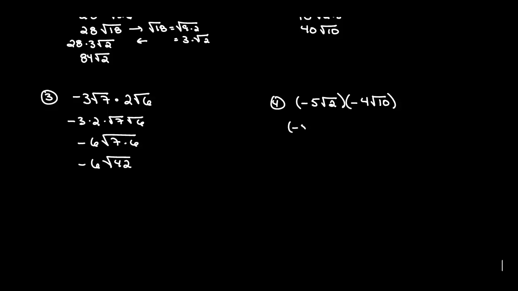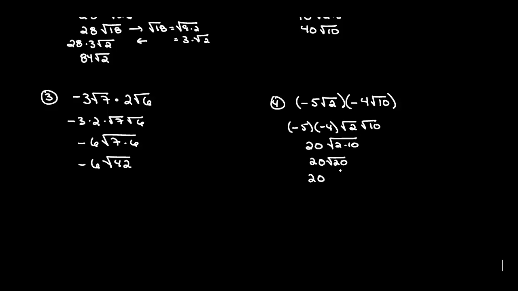In the last problem here, we've got a negative 5 times a negative 4. So that'll give us a positive, and we're multiplying that by the square root of 2 times the square root of 10. So again, negative 5 times negative 4 is positive 20. And at the back end here, we've got 2 times 10, which is also 20. So we've got 20 times the square root of 20.